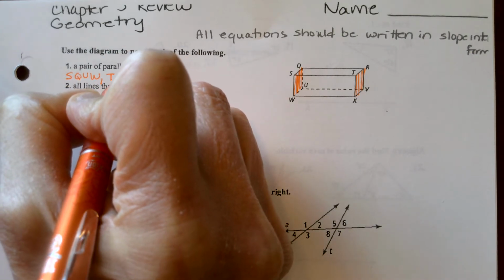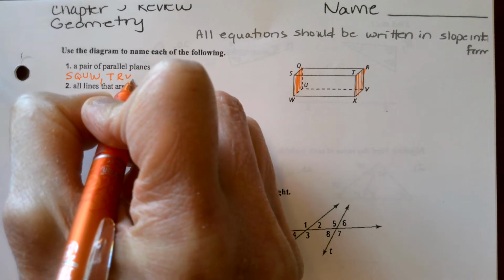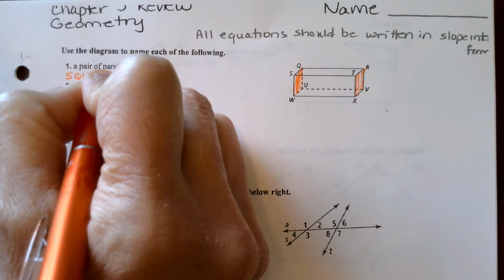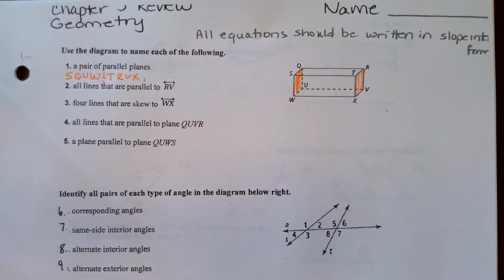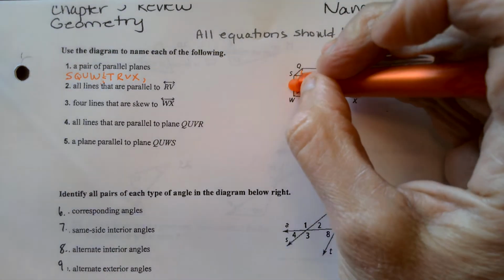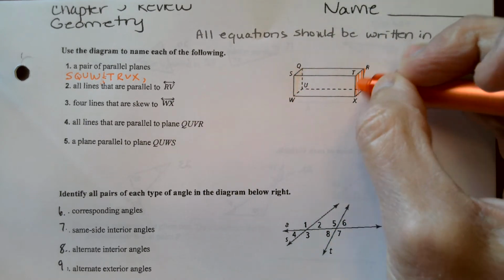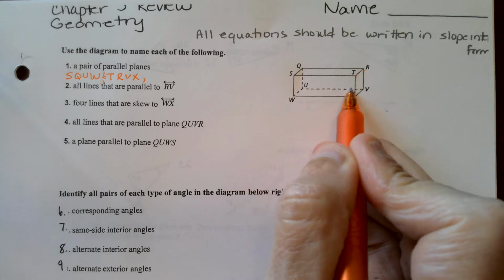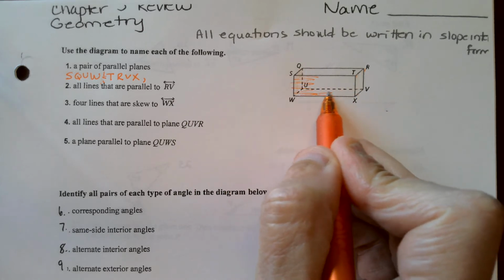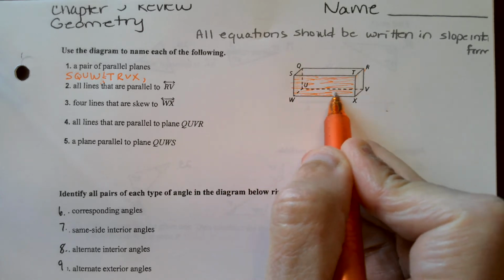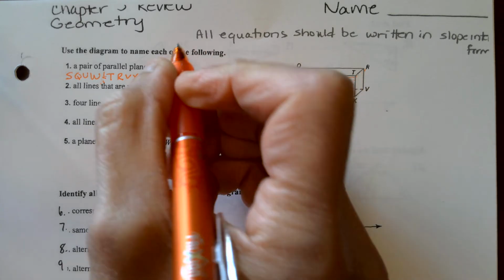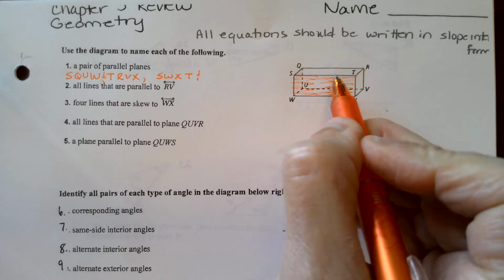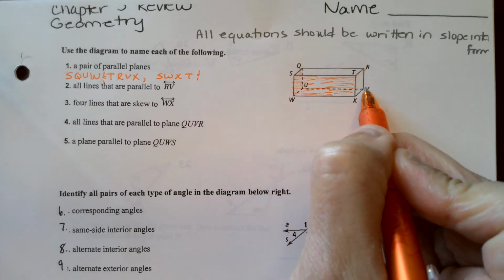T, R, V, X. Or, so this is why these are great. You can do the whole front side here. So S, W, X, T. And go back right here.